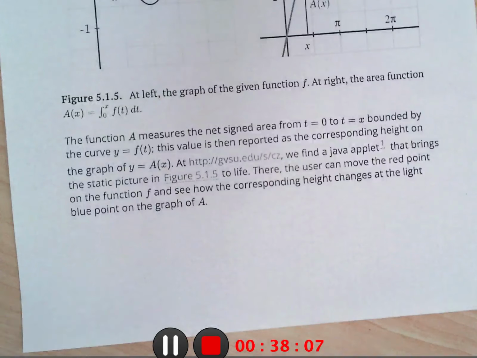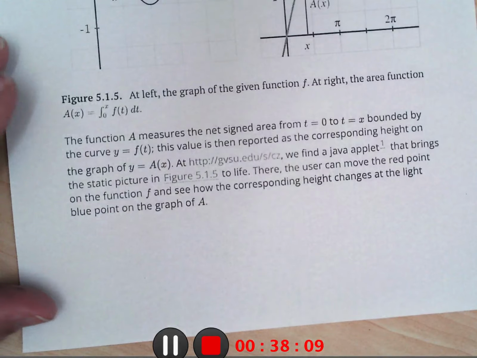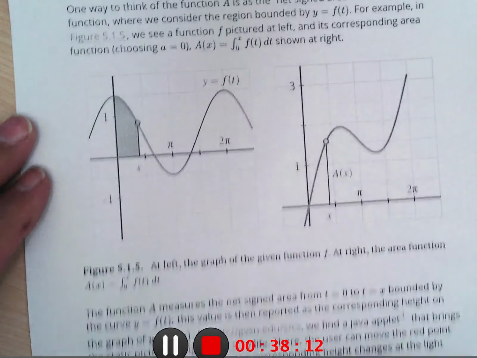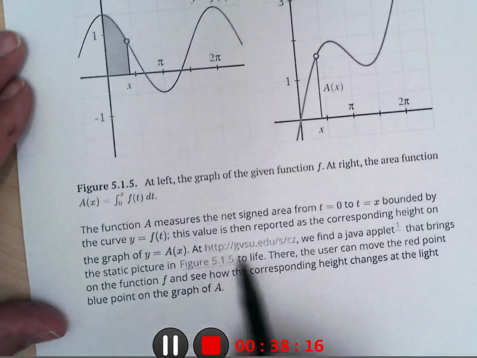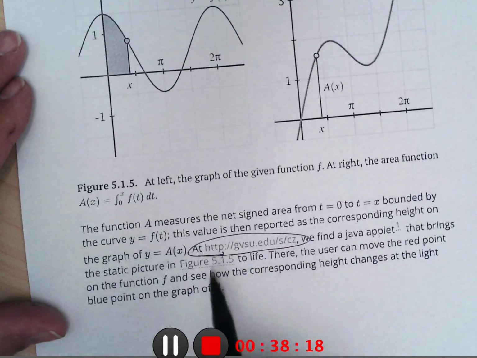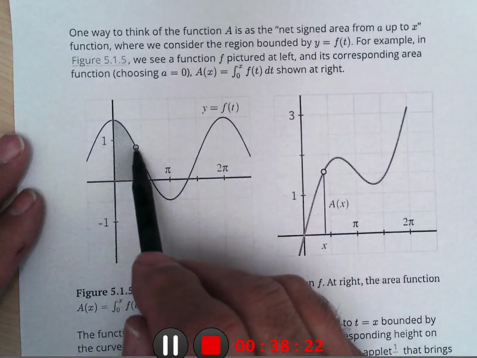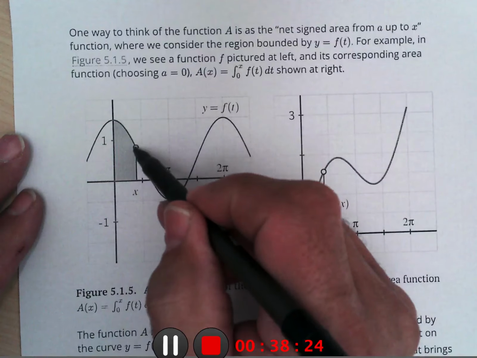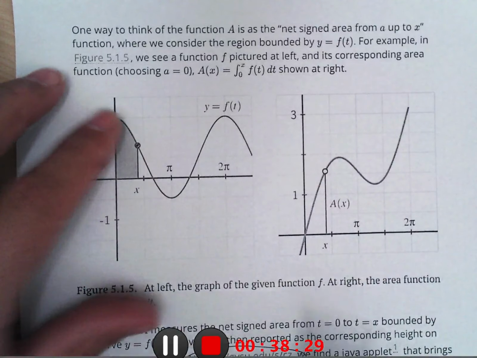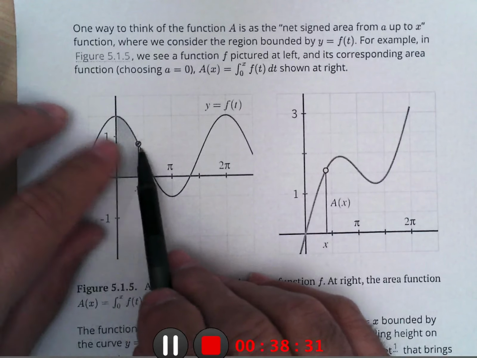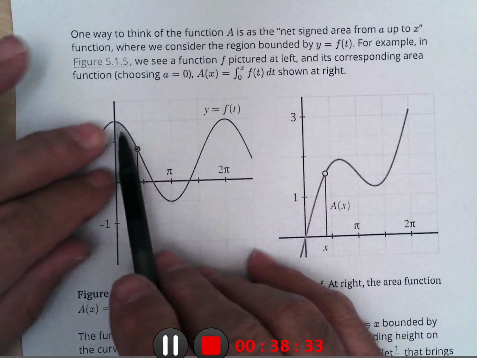Now, the last thing I want you to see is this. If you go to the link in the text to this, you'll get a model where you can grab this, which is a red dot, and you can move it along this curve. And as you move it, it shows more and more area. It shows gaining a lot of area right at the beginning.